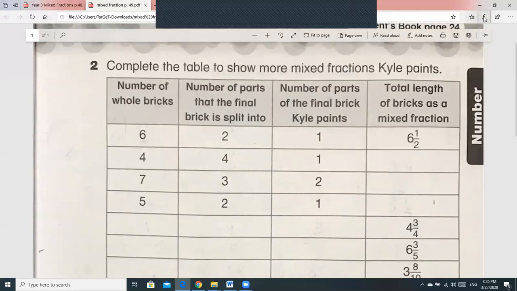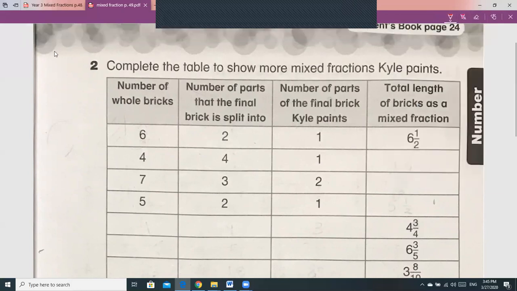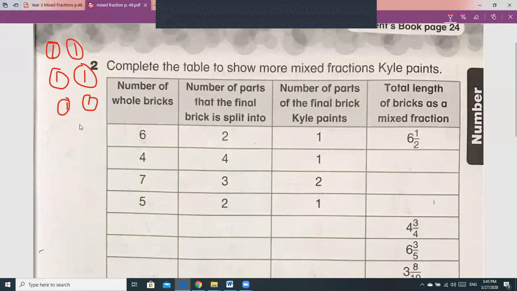I will make it as circles. Here, 1, 2, 3, 4, 5, 6. These are the whole bricks he has. Number of whole bricks is 6. Then it says number of parts the final brick is split into is 2.